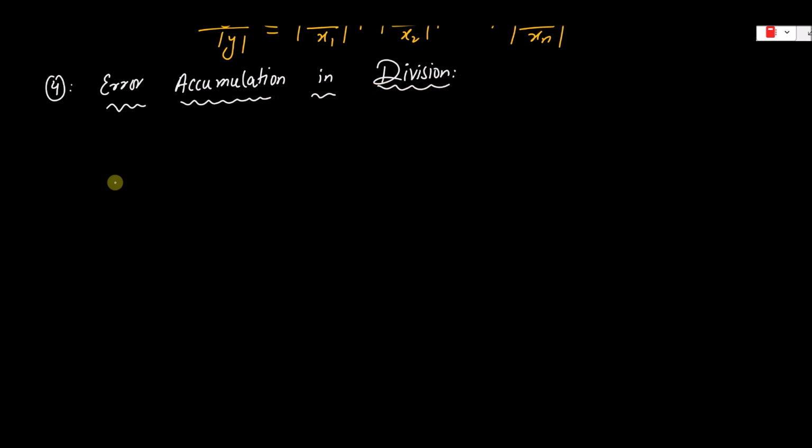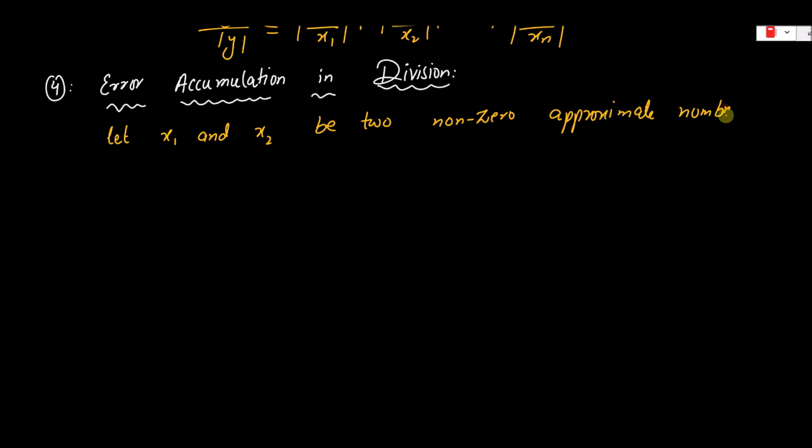So in this, we are going to consider the same numbers. Let x1 and x2 be two non-zero approximate numbers and y be their division. So that is y is equal to x1 by x2, because we are going to see the proof of the division.